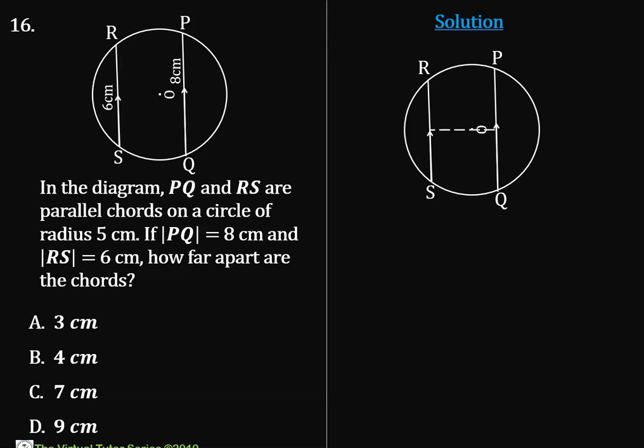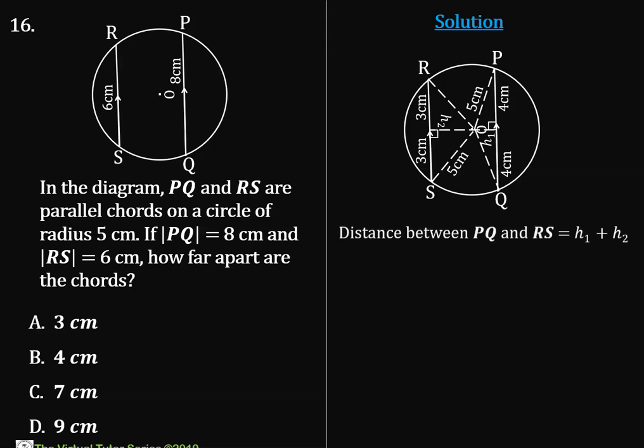The length between RS and PQ is made up of the length between chord PQ and center O, represented by H1, and the length between chord RS and center O, represented by H2. So the distance between chord PQ and chord RS is H1 plus H2.